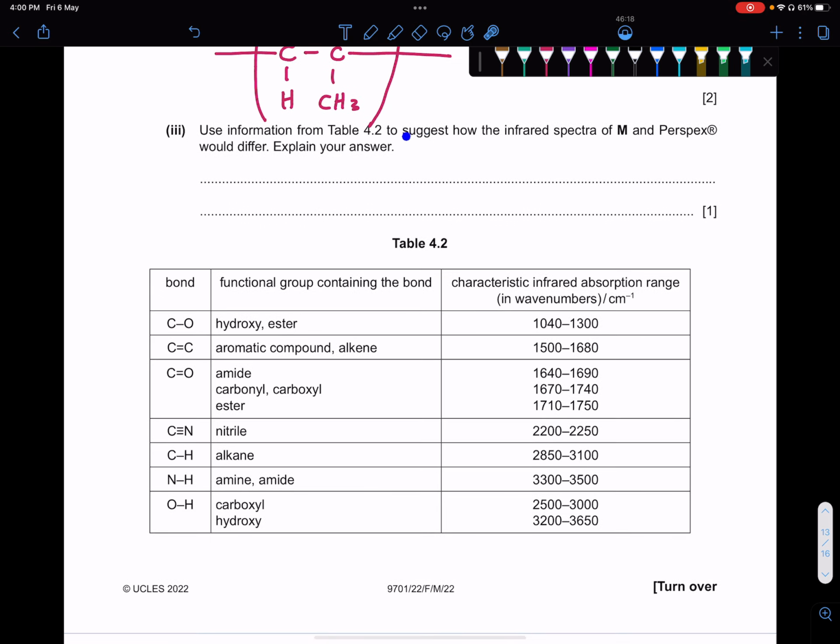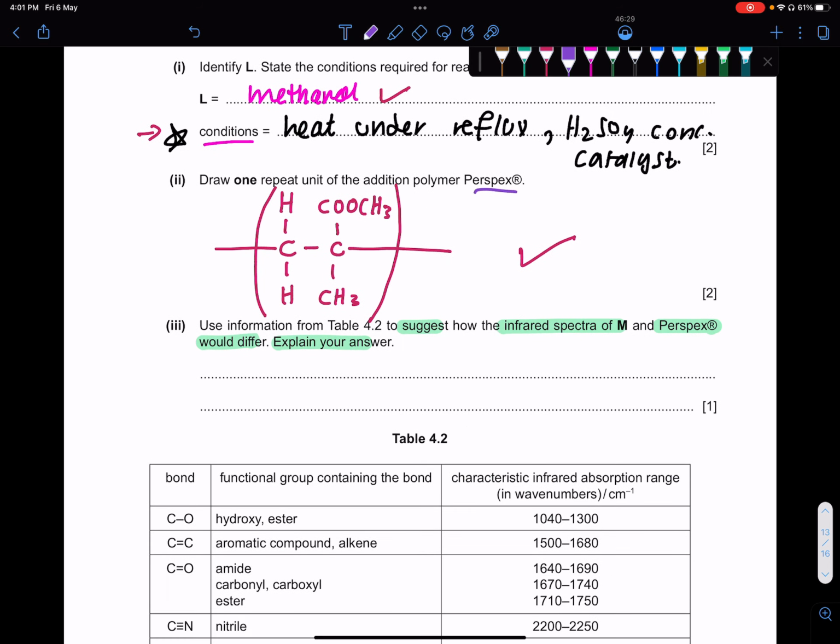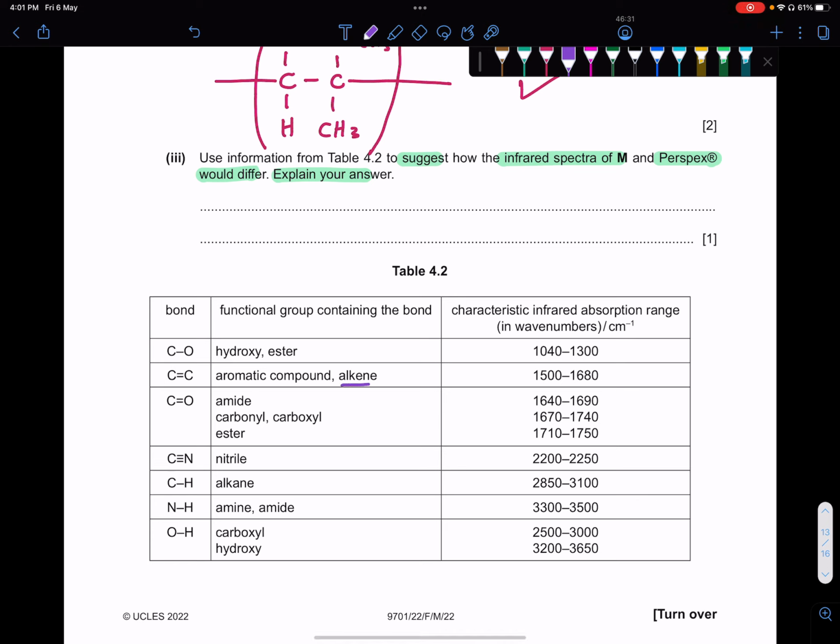Suggest how the infrared spectrum of M and Perspex would differ. Very easy. M has a carbon-carbon double bond and Perspex has no carbon-carbon double bond. With a carbon-carbon double bond, this alkene, this is the range.